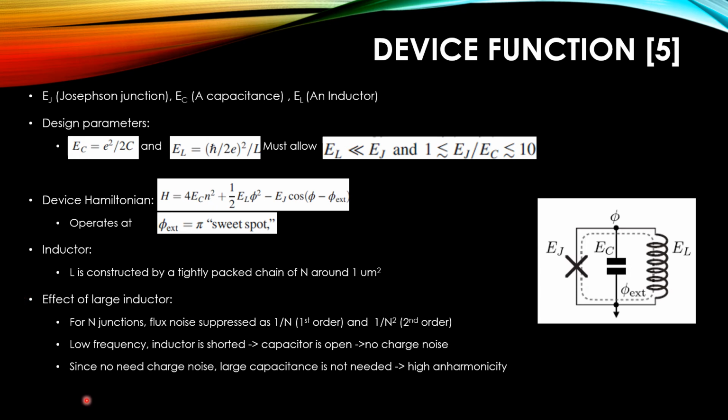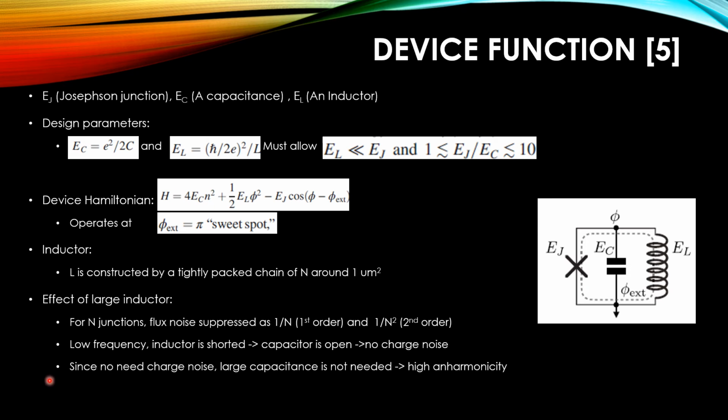And we want to talk about the effect of large inductor. For n junctions, the flux noise is suppressed as 1 over n and 1 over n squared. That's given by the device Hamiltonian.